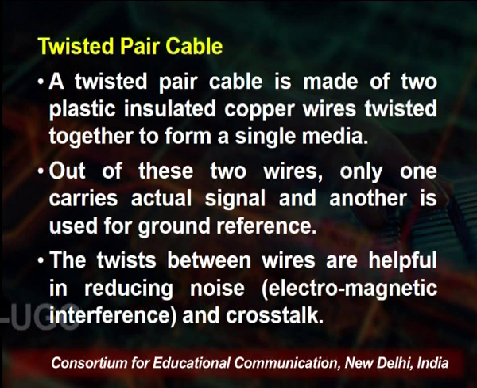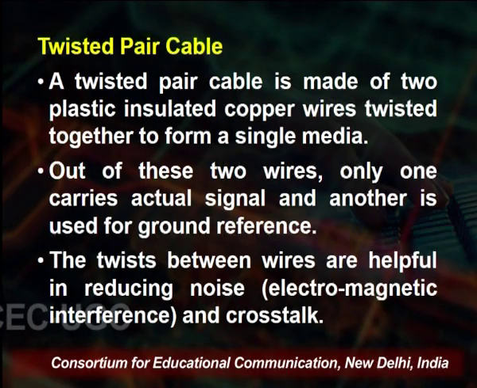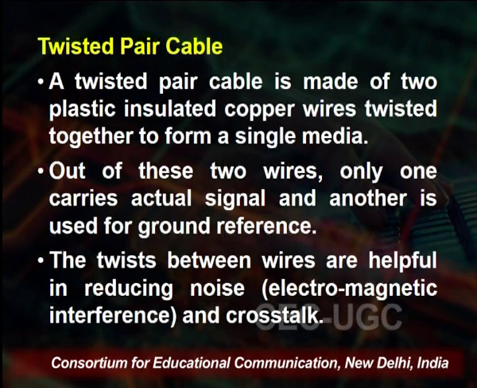I will be showing a picture of that also. Out of these wires, only one is going to carry the actual signal. Then the question comes up: what is the use of the other one? The other one is used for the ground reference.